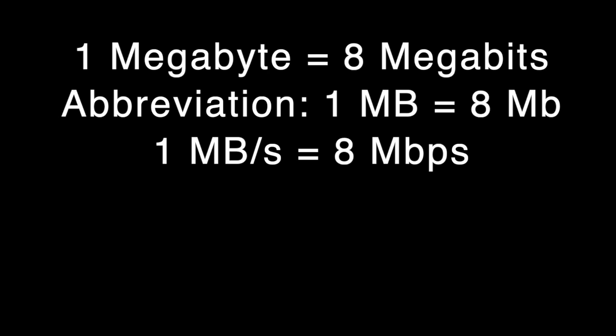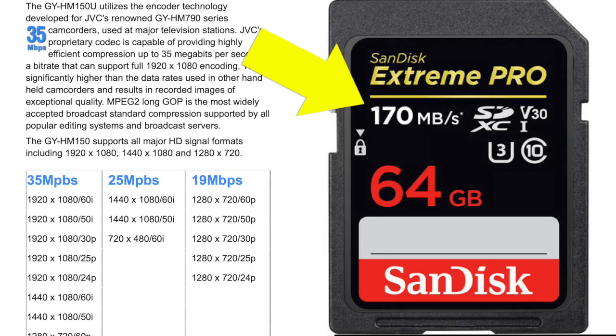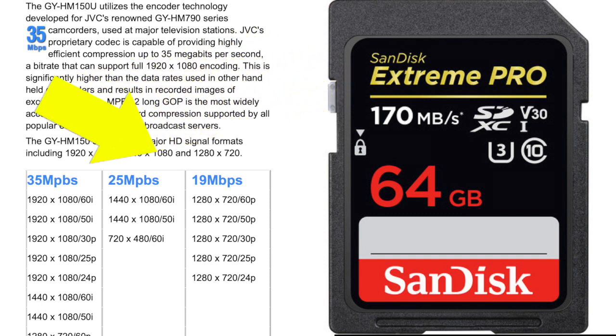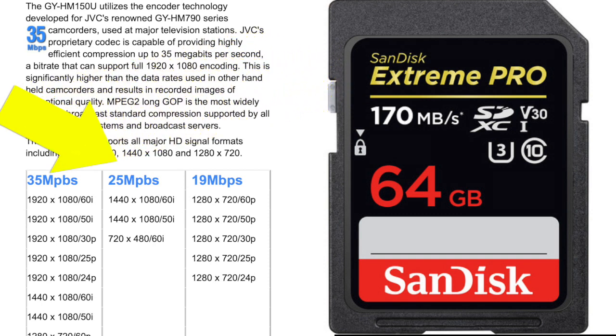And so there is 0.125 megabytes in 1 megabit. So you will find that most card manufacturers are writing their speeds in megabytes, but we care about megabits. I know that's confusing, but it is what it is.